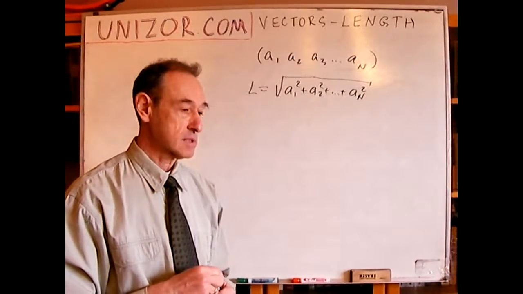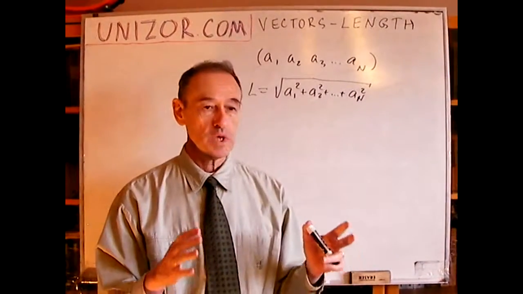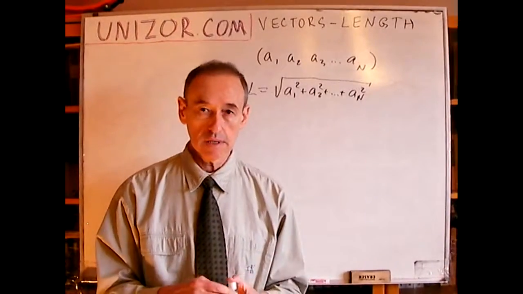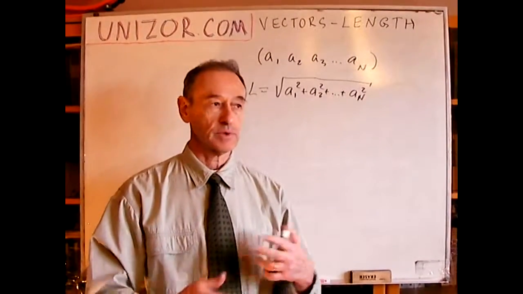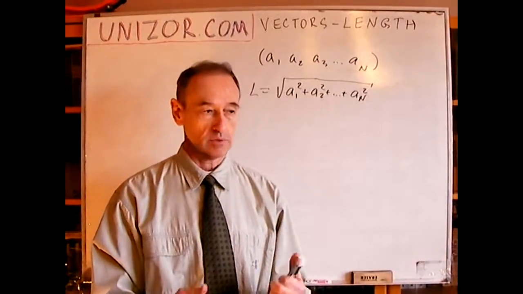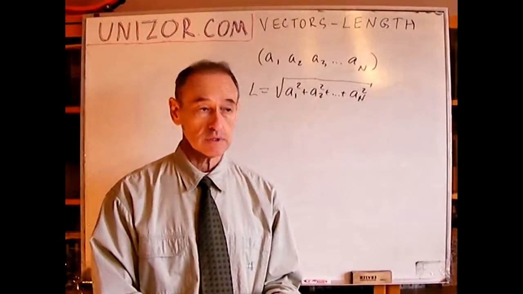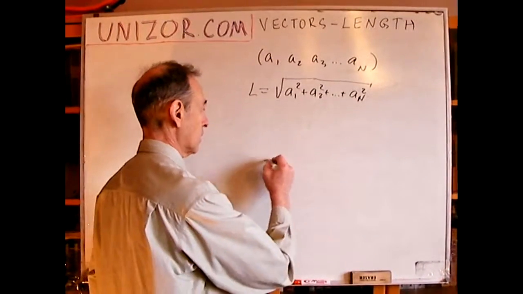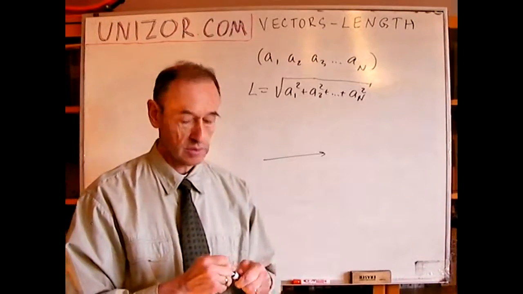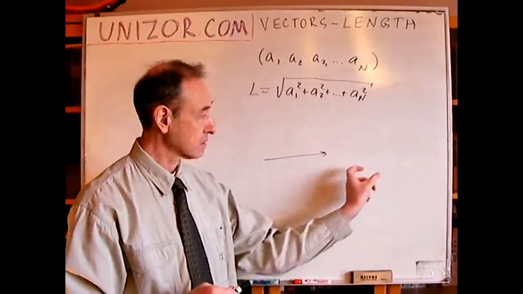Well, okay, so right now, we basically know what the length is, regardless of the way how we represent the vector. And we know about the geometric representation as just an arrow-headed segment with a certain unit of measurement.